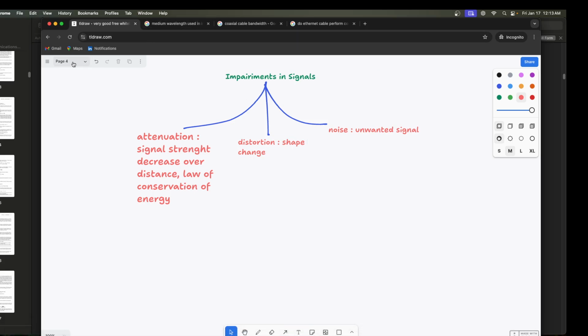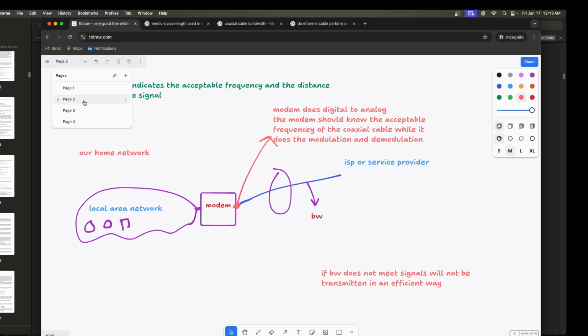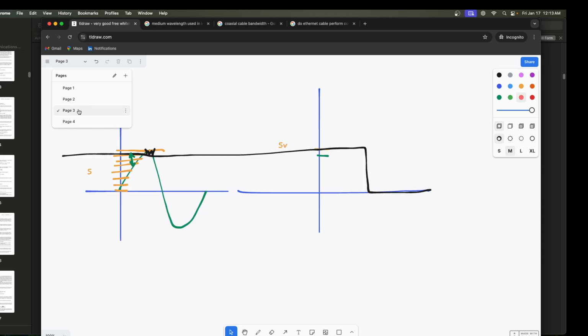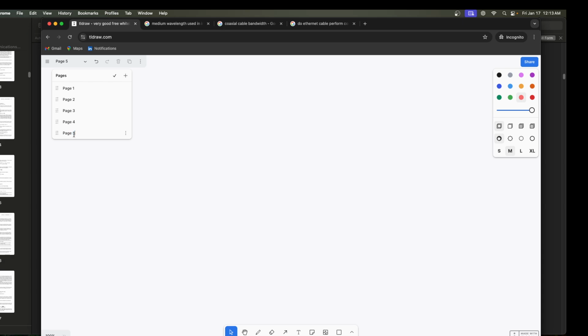Okay, now let's move on to writing something. Bandwidth. Let's add some terms here.